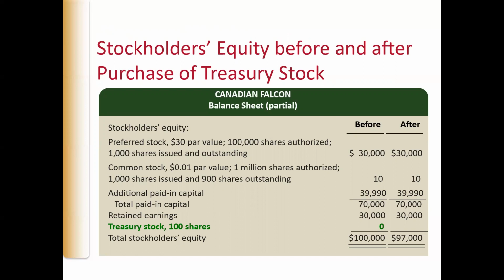So you see this example of a company prior to purchasing treasury stock, and then a company after purchasing treasury stock. The stockholders' equity section gets reduced by the amount of that treasury stock.